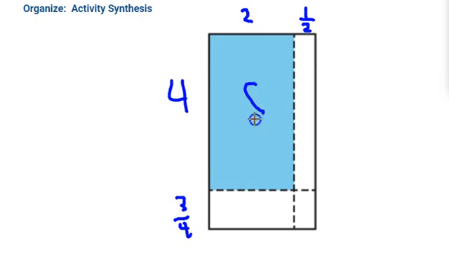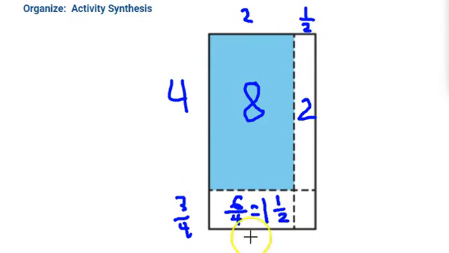We already know that this is 8, right? 4 times 1/2 is going to give us 4 halves, or 2. 2 times 3/4 is going to give us 6/4, which is the same as 1 1/2.